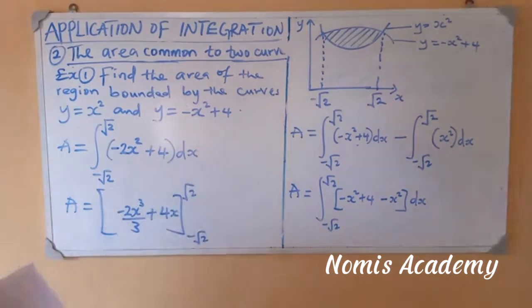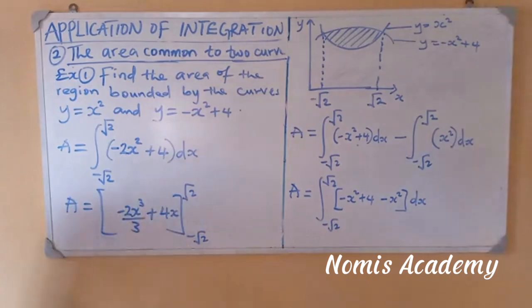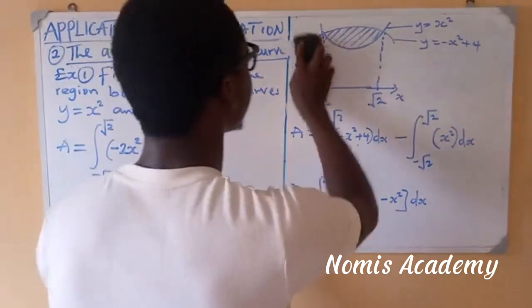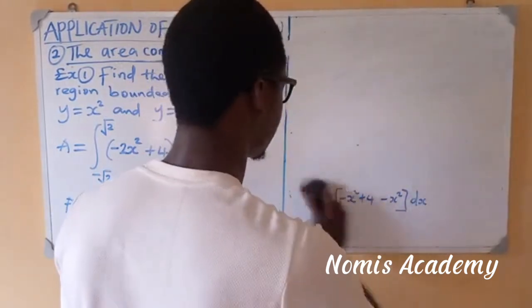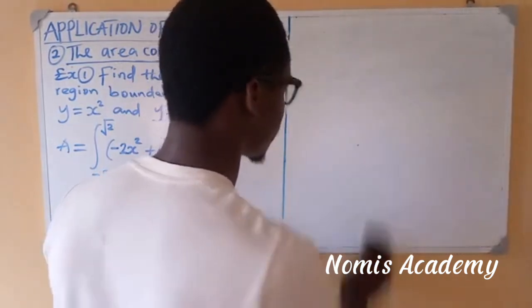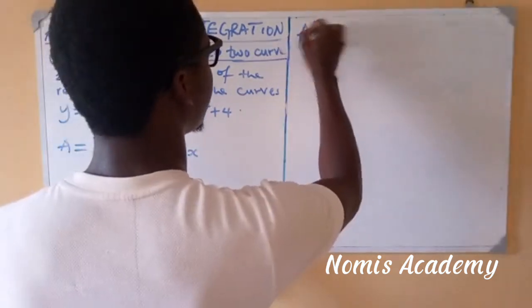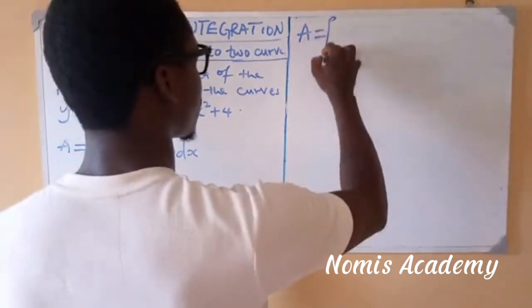So the next thing to do is to slot in the values of the upper limit and the lower limit. So let's clean this side to give us the final solution to the problem. Okay, so area is equal to, let's slot in the limits.